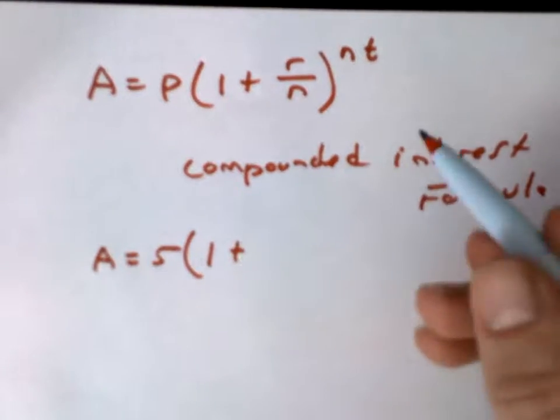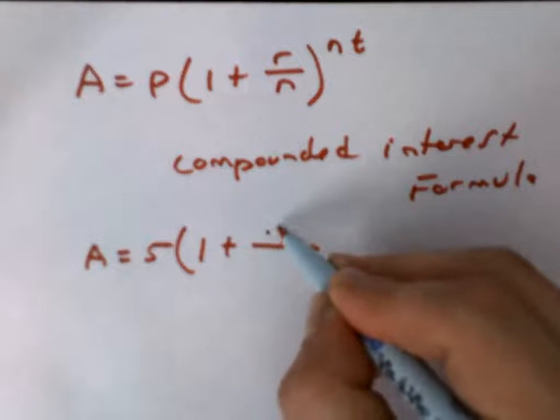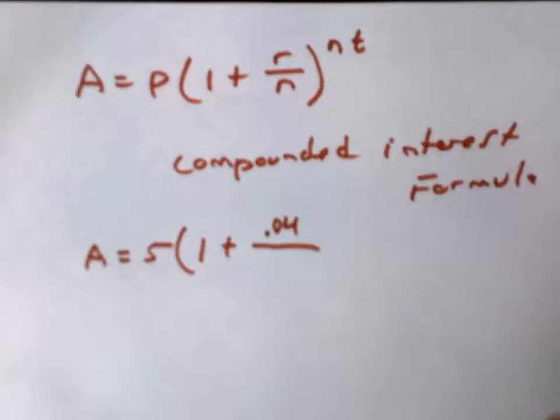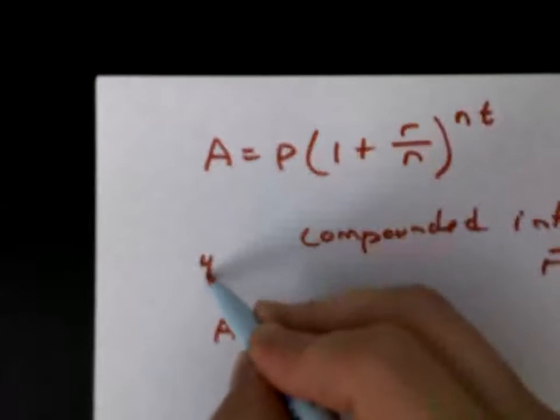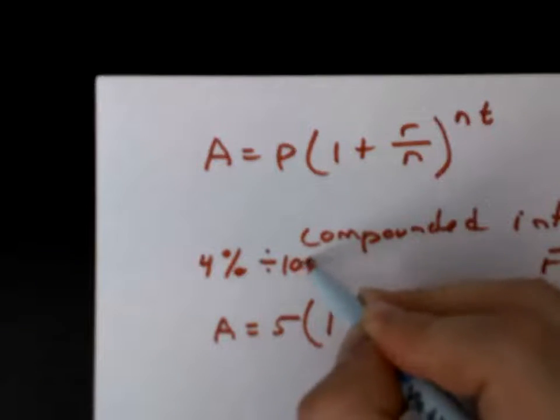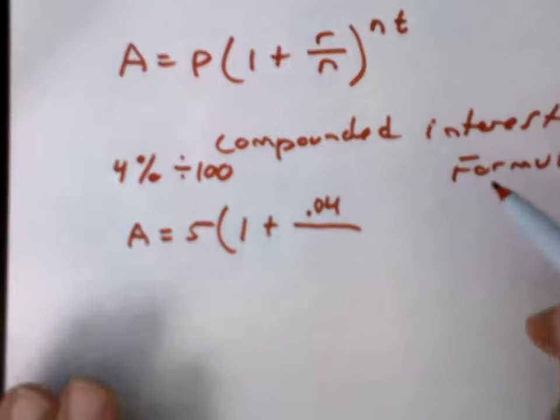Let's do it with 4% interest, so 0.04. Remember, we always divide by 100, so you're always going to have to move the decimal over.